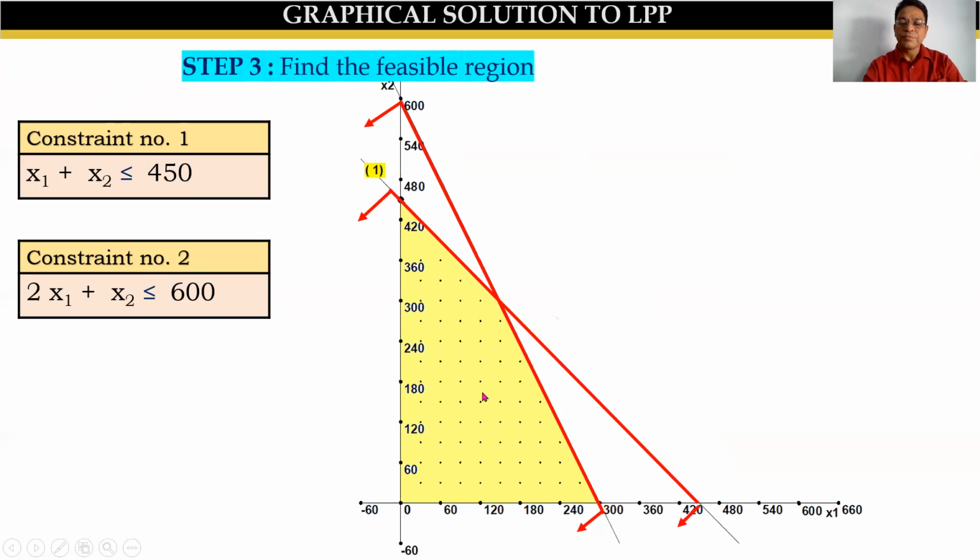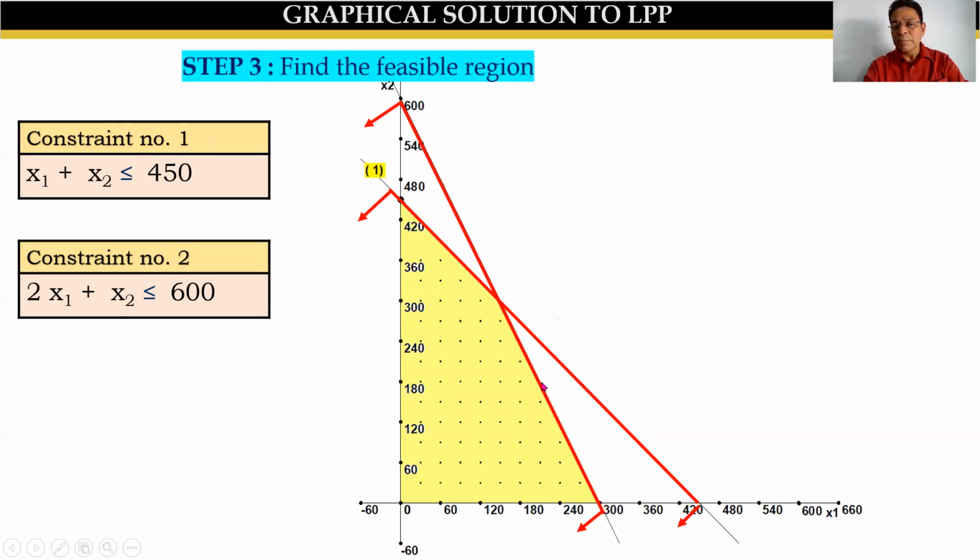Say 120, 180 has a better answer as compared to 20, 20. Or if I come here, this point may have a better answer than the earlier point. So we can move like this till the boundary.